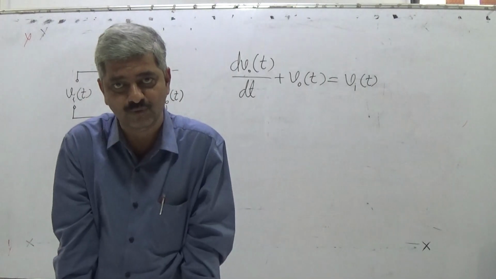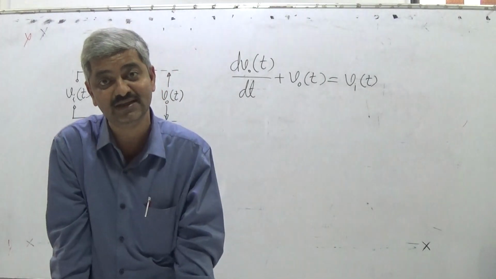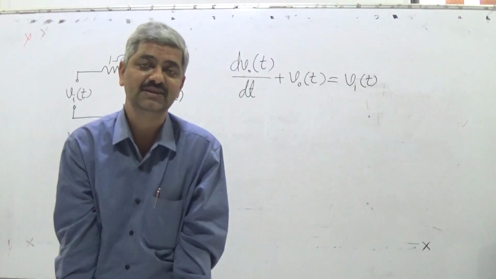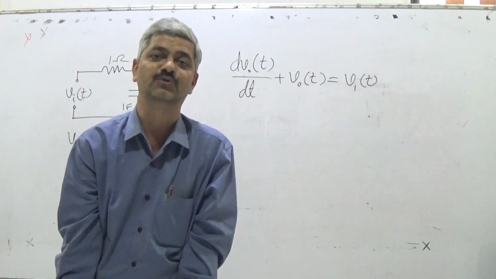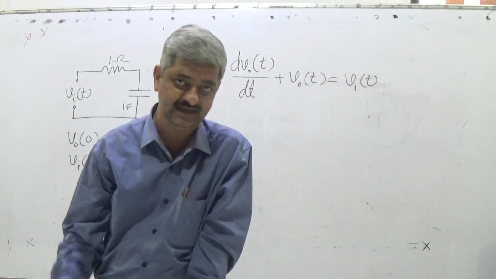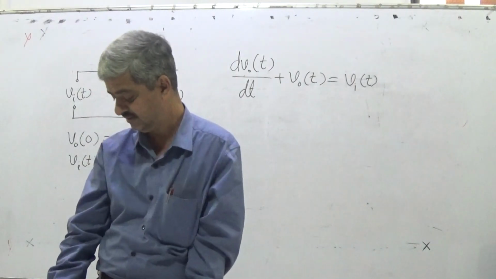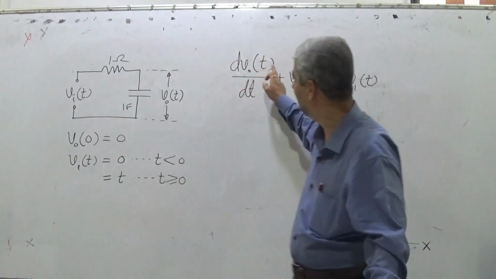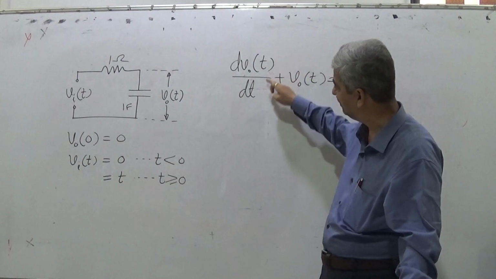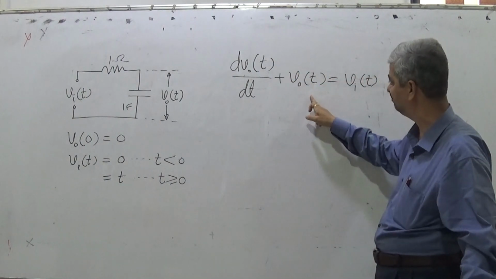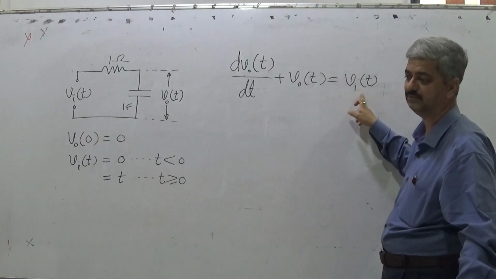When a simple capacitor, which has the storage ability, is put in the circuit with one resistor, both of unit values, input given at one end and output obtained at the other end as shown in the circuit, what we get is: derivative or rate of change of output plus output is equal to input.